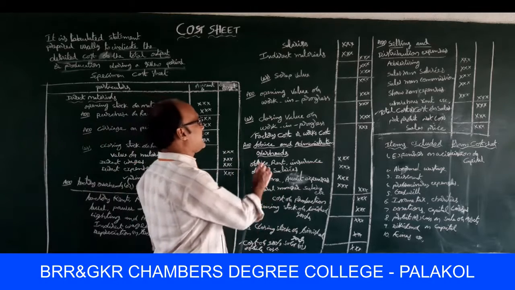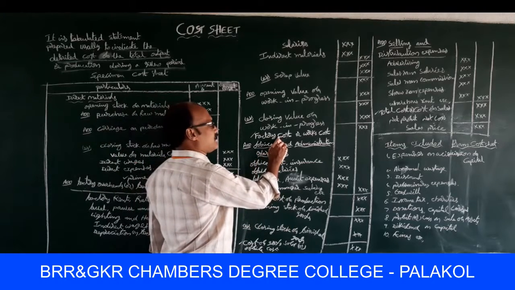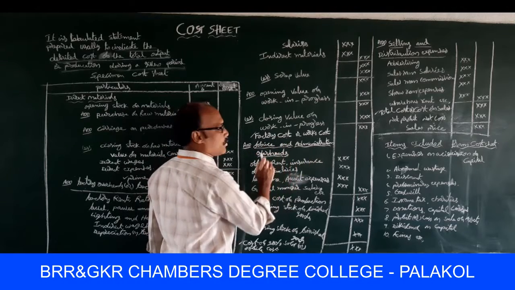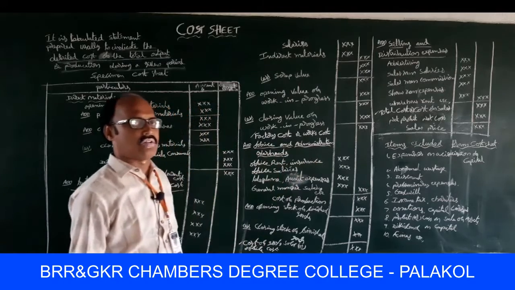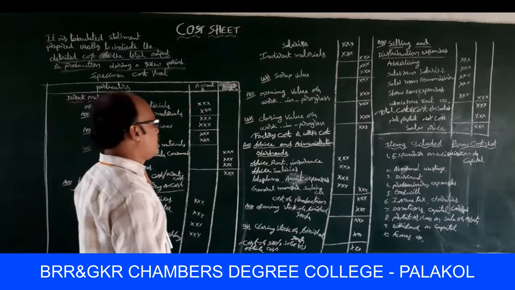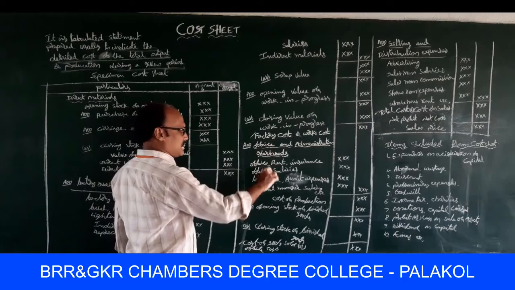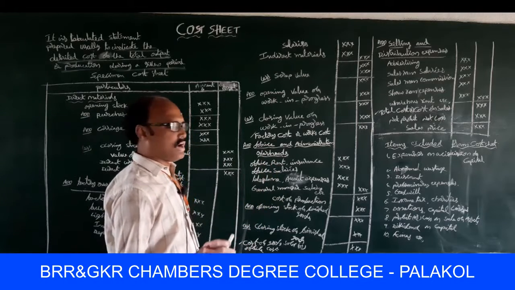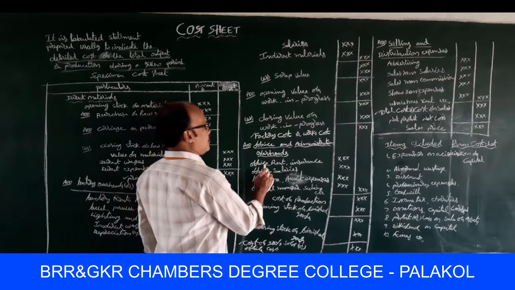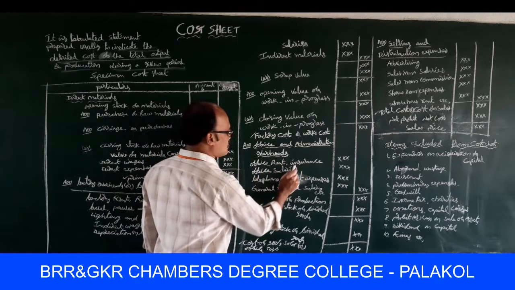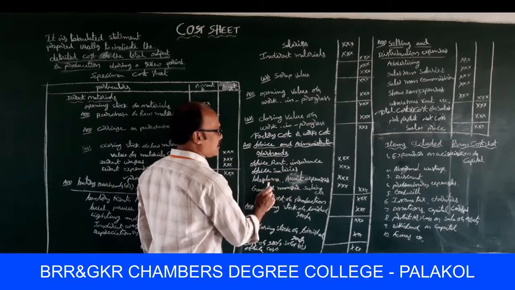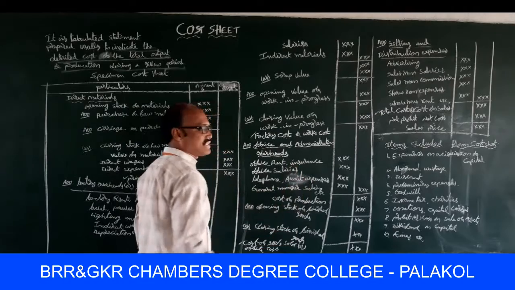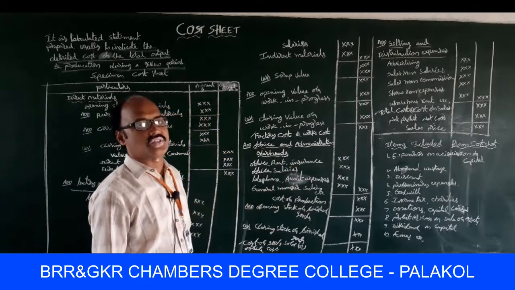Then we add office and administrative overheads. Overheads are nothing but on cost. So, what expenses are related to office? Look at this: office rent and insurance, office salary, telephone, audit fees, general manager salaries, etc. These are related to office overheads.